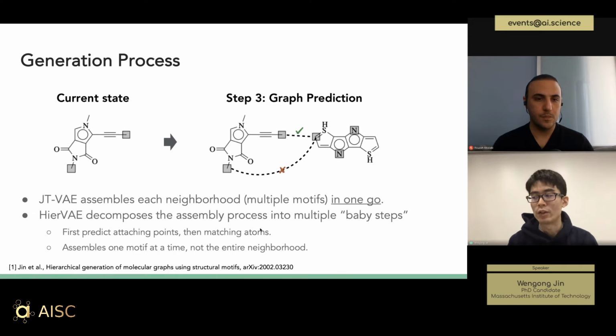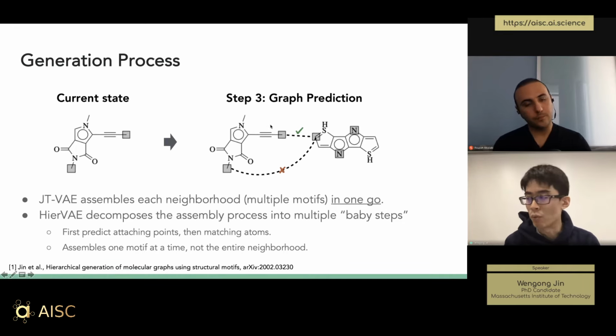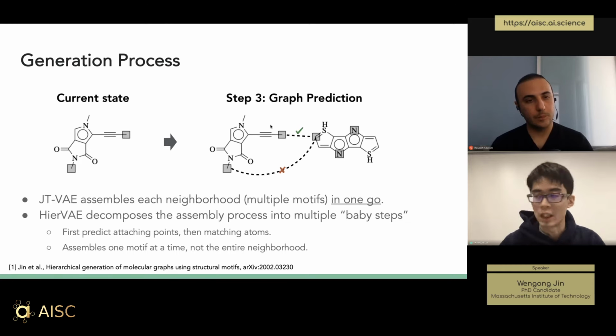So just as a side remark, I want to briefly mention the key distinction between our model and the junction tree VAE. The junction tree VAE will first predict all the motifs using the tree decoding process, and then figure out how to assemble all the predicted motifs. And the decoder will try to assemble each motif with all its neighbors in one go.